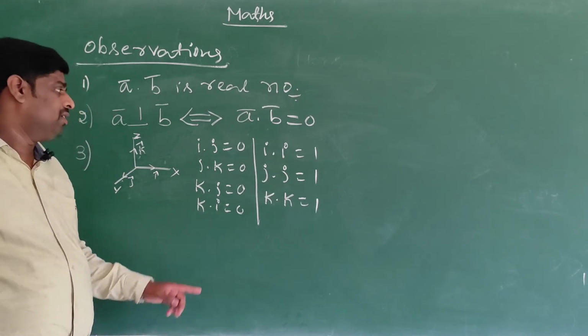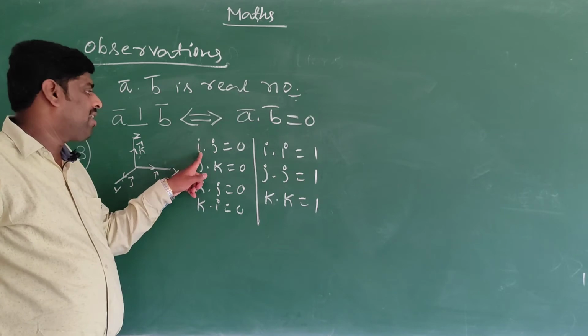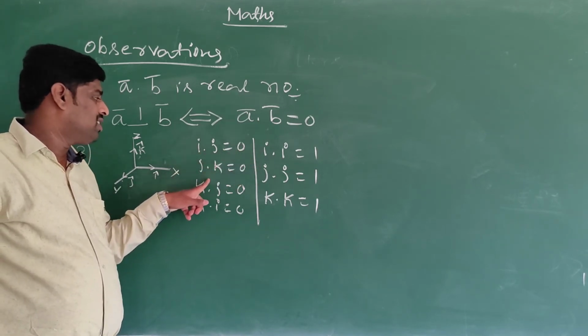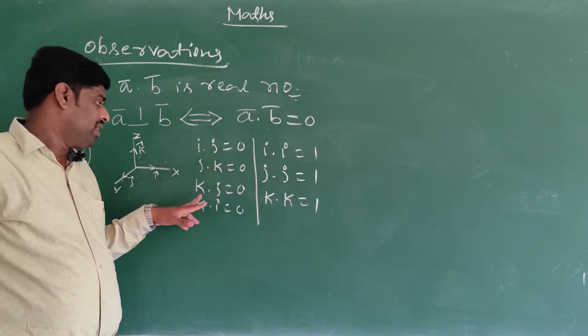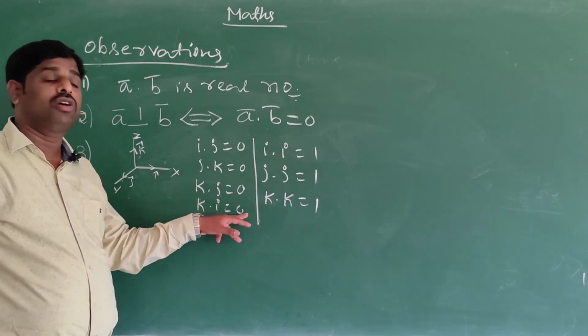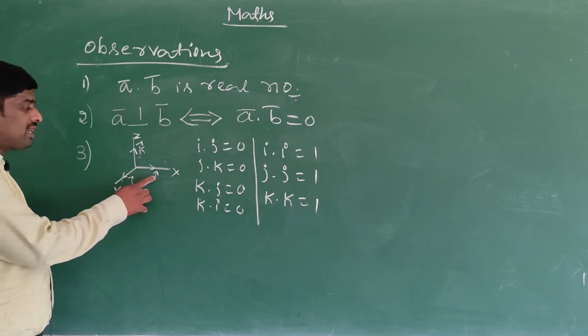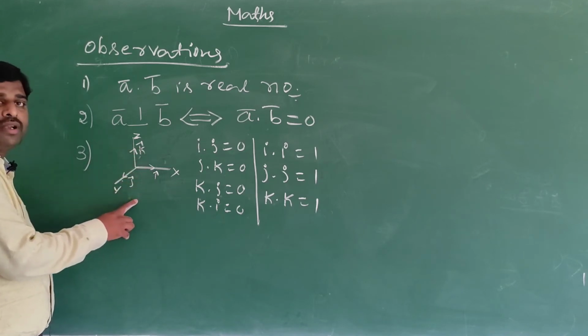So these conditions are very helpful for CET. i dot j is equal to 0, j dot k is equal to 0, k dot j is equal to 0, k dot i is equal to 0, because i is perpendicular to j. Already I told you i, j, k are mutually perpendicular to each other.